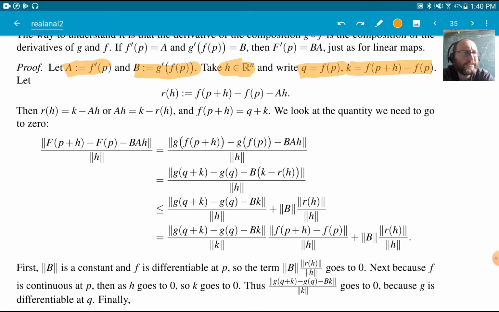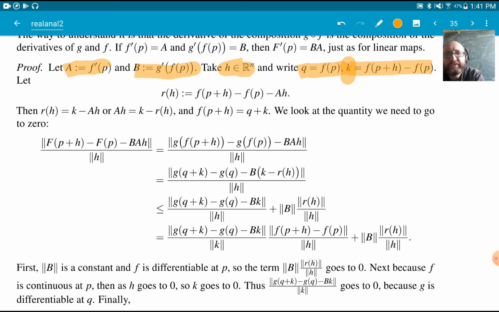I'm just naming these. So q is the point where P goes under f, and k is how f moves as h moves. P is fixed, of course, and I do a little displacement in R^n in the domain, and that displaces where f goes. That displacement I'm going to call k.